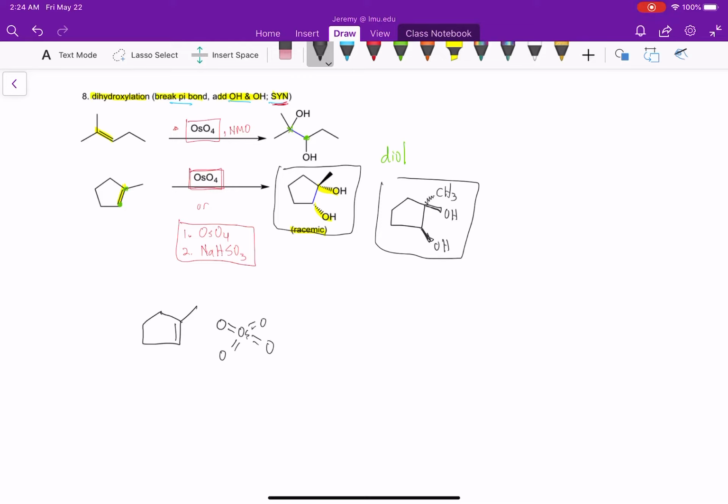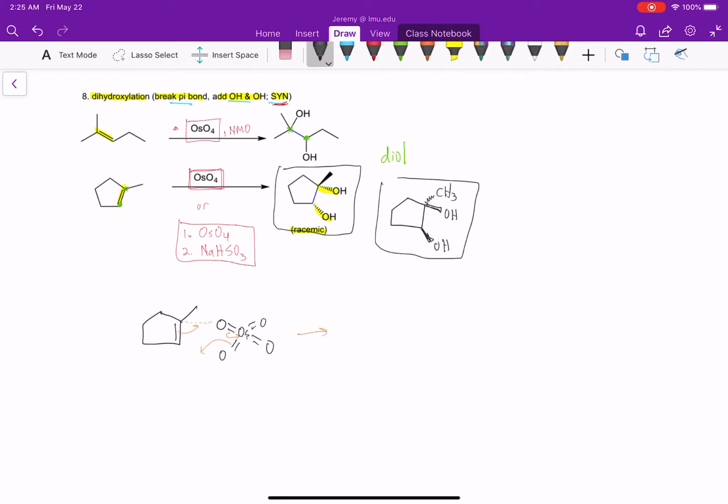Initially chemists thought that the mechanism involves a cyclic rearrangement where the pi bond would break and form a new bond to O. The two electrons here would go onto the osmium, and then our double bond would break to reform the new bond.